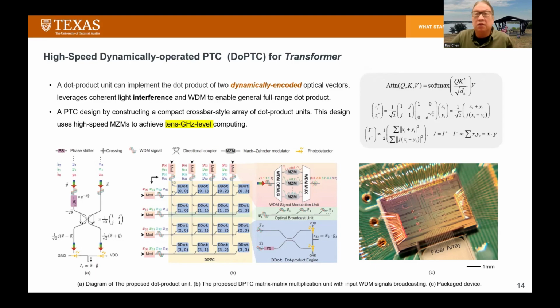So this directly yields dot product results. Okay, so in other words, this is a fundamental transformer operation.